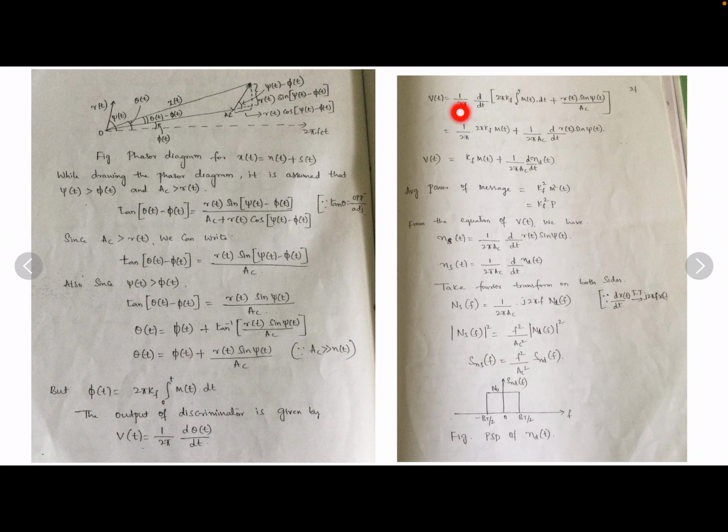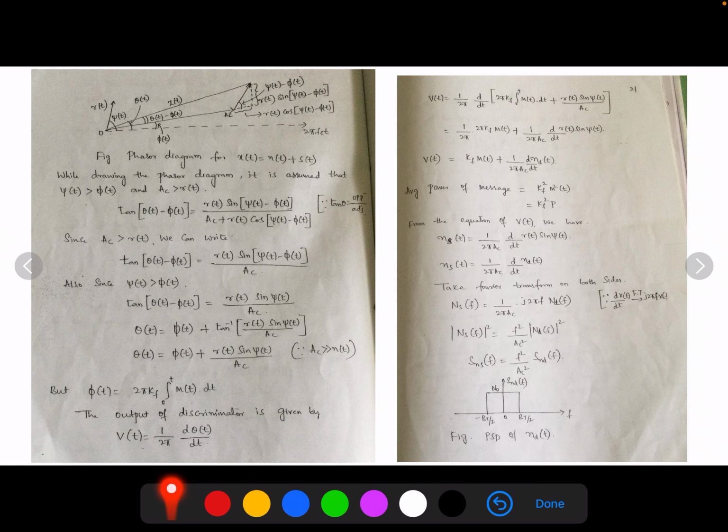So the final equation will be v of t is equal to 1 over 2 pi into d by dt of 2 pi kf integral 0 to t m of t dt plus r of t into sine psi of t divided by AC.